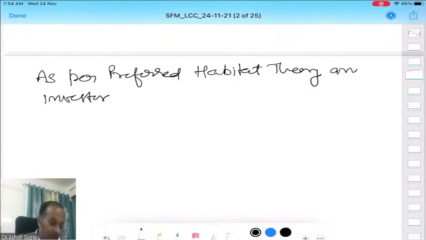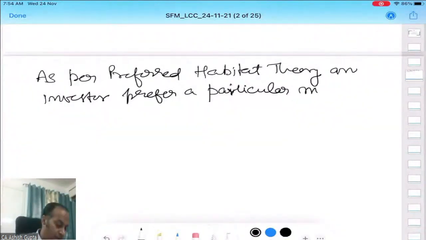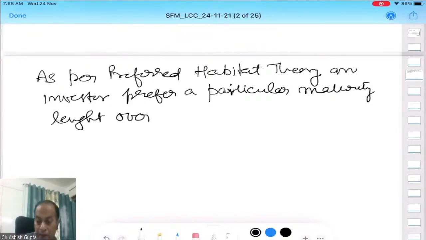An investor prefers a particular maturity length over another.